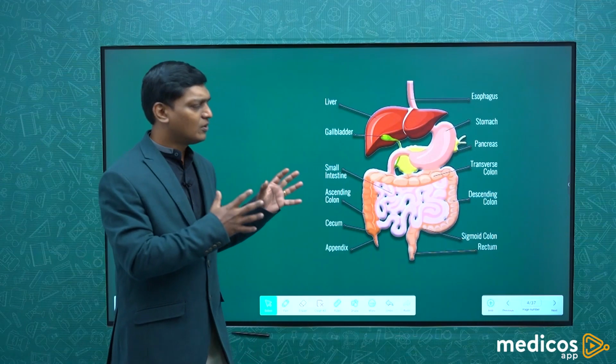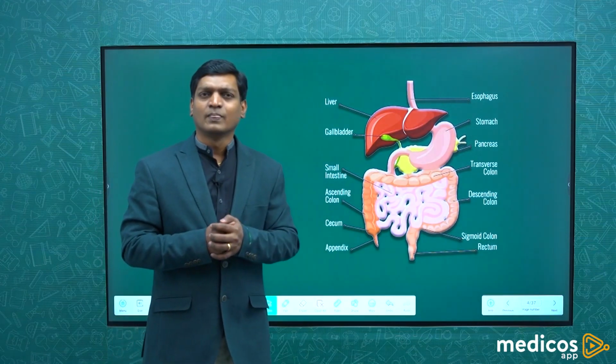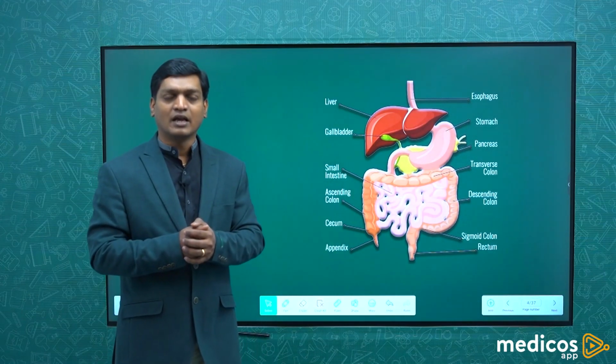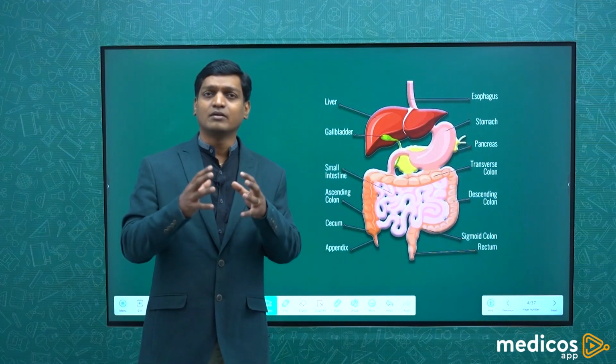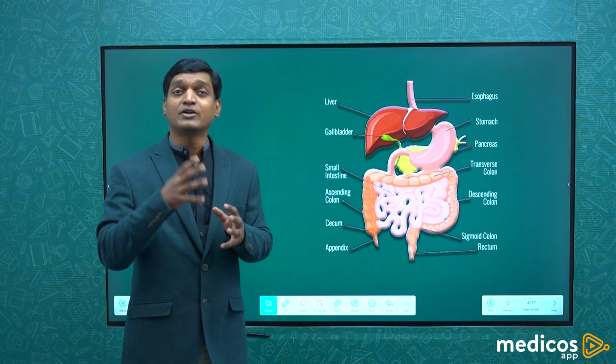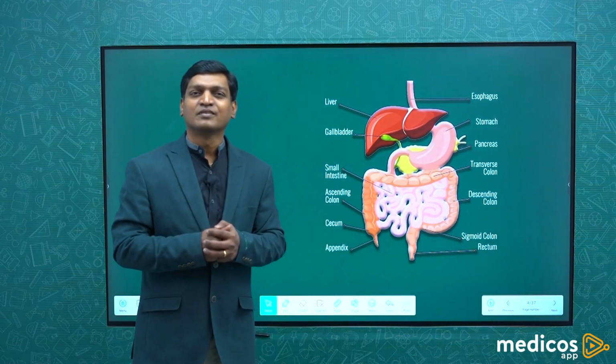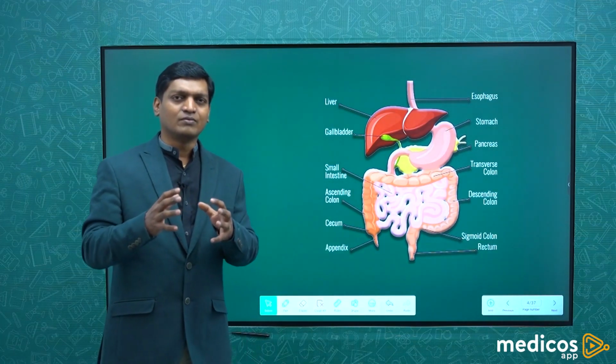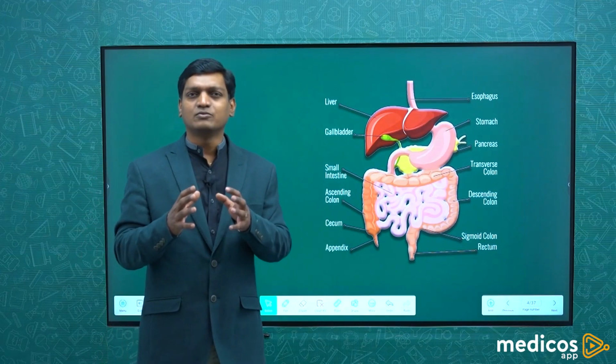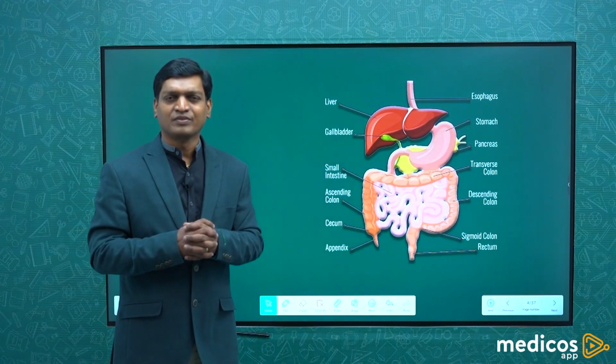So how are we going to approach these organs? We have opened it and we have a structure called the peritoneum. How are we going to understand the peritoneum? In my view, I would suggest certain things.